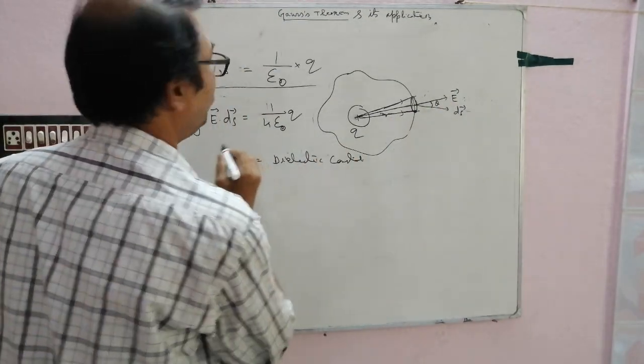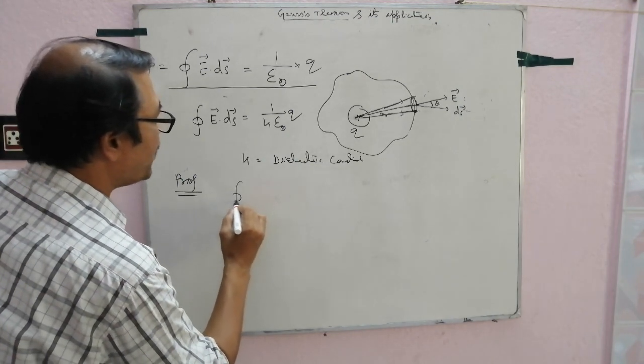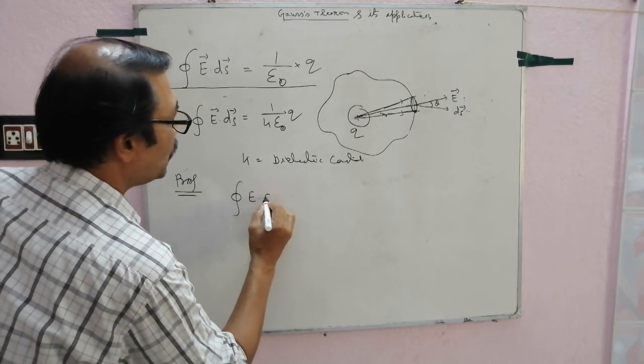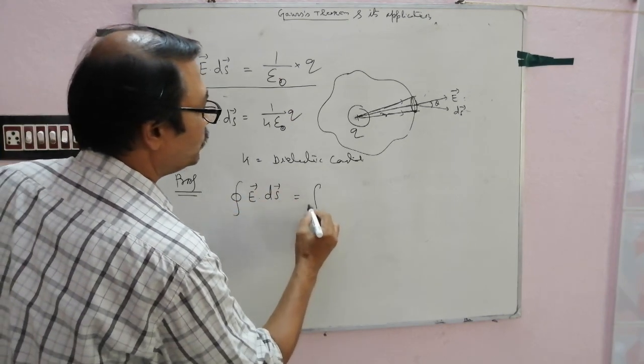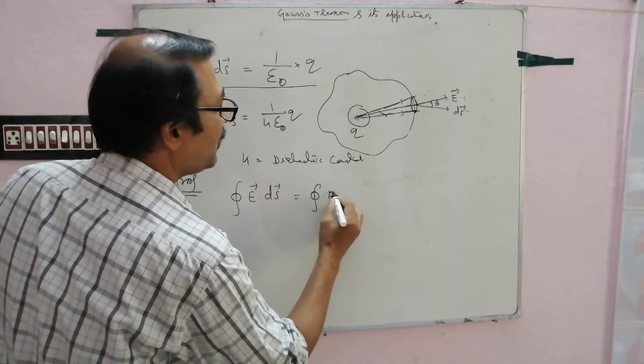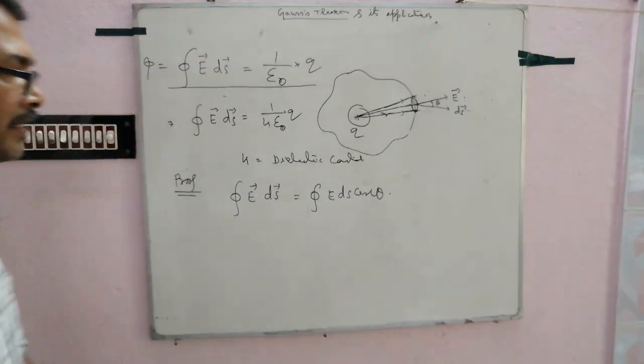Consider now E dot ds equals E ds cosine of theta. Clear?